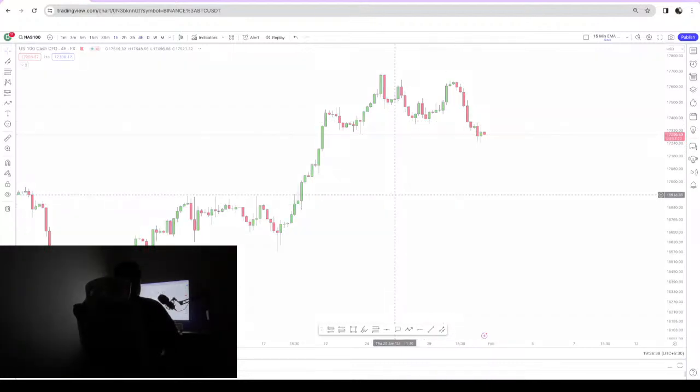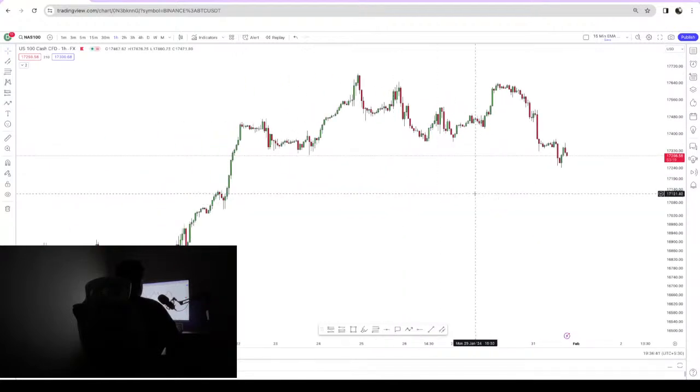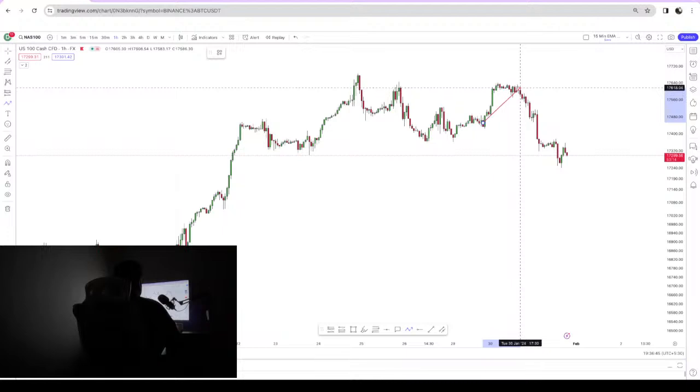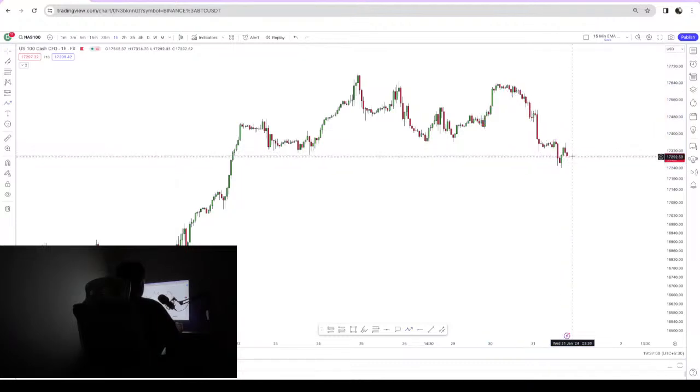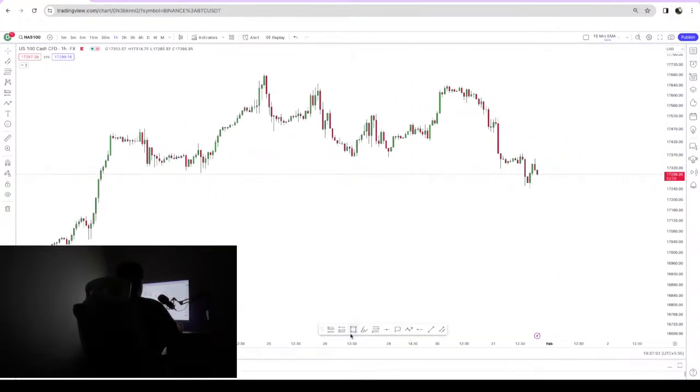Next, let's see on the 1-hour time frame what is happening here. It is clearly bearish, clearly making lower highs and lower lows. If you see it simply, without analyzing anything, what I am seeing right now is that it won't rise simply like this.